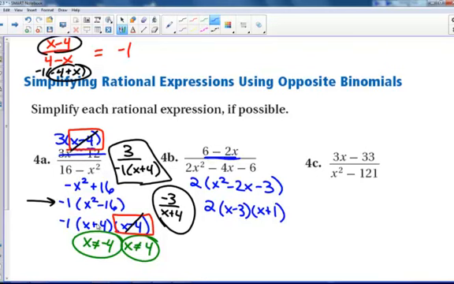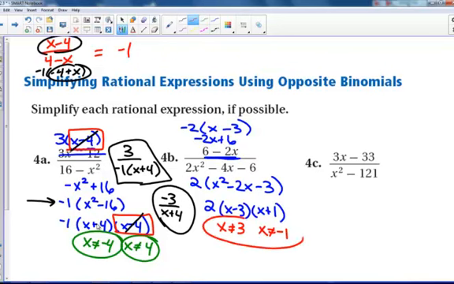There's no way I'm going to get it with it reversed. So I'm going to rewrite this as negative 2x plus 6. Then I'm going to take a negative 2 out, and I'm left over with x minus 3. See how I've taken the negative out? So exclusions are from the denominator. X cannot equal 3, and x cannot equal negative 1.